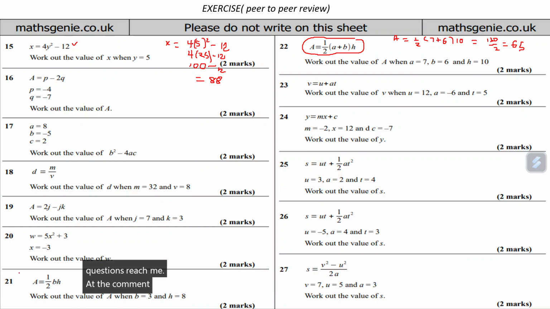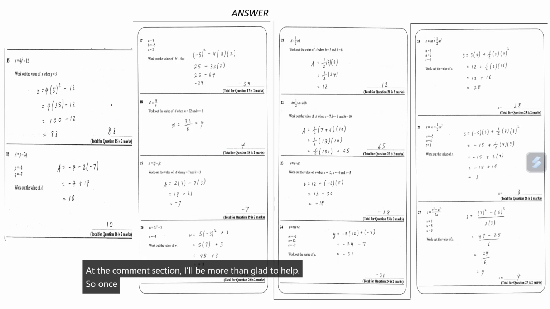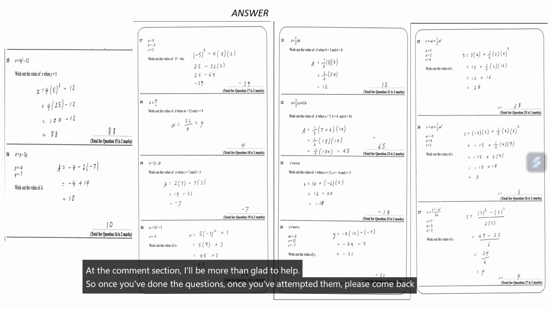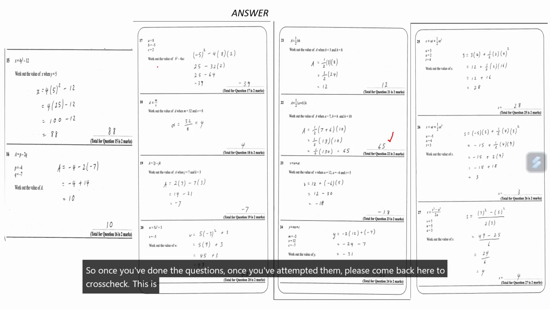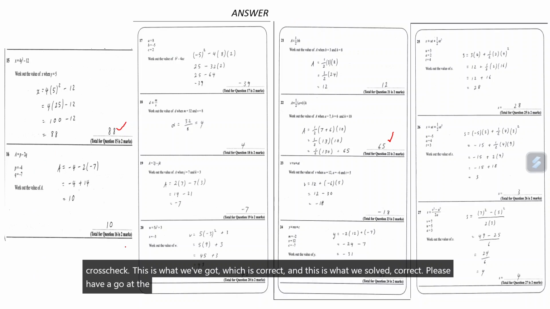I'll be more than glad to help. Once you've attempted the questions, please come back here to cross-check. This is what we got, which is correct. Please have a go at the rest, then come here to cross-check your answers.